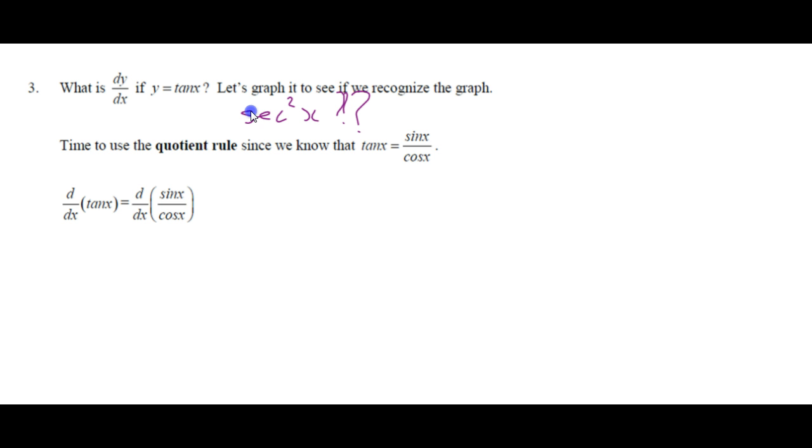Well, we can use the quotient rule, right? We know that tangent is sine over cos. So using the quotient rule, that is g of x, the denominator, times f prime of x. What's the derivative of sine? Sine is cos.